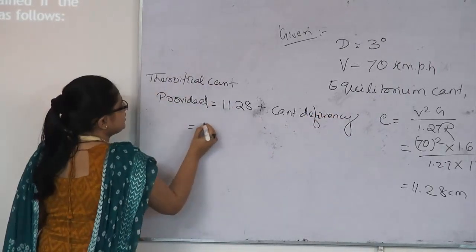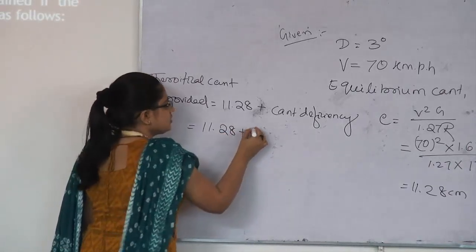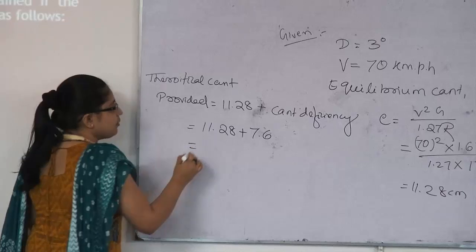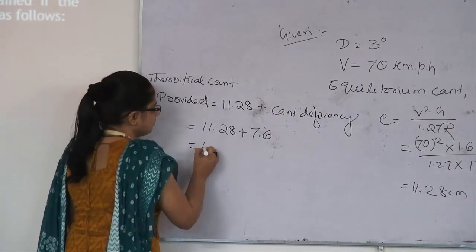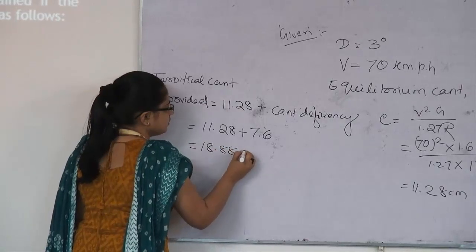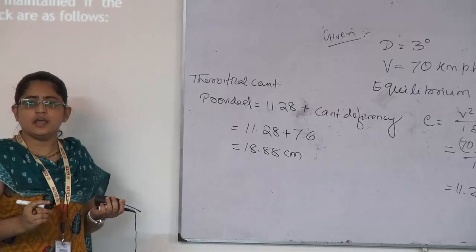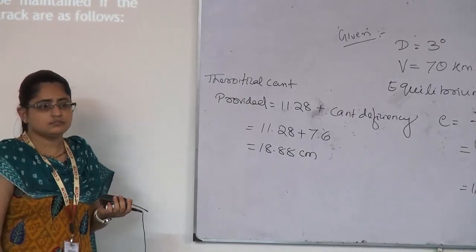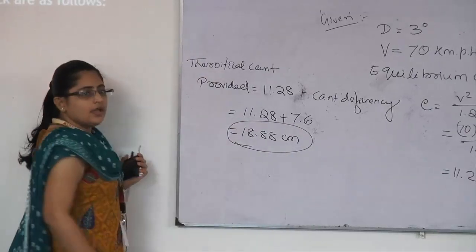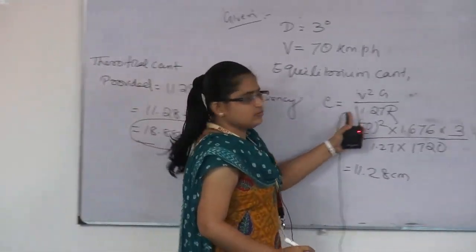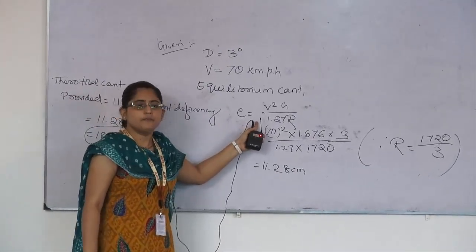What is your cant deficiency for broad gauge? 7.6. So 18.88 centimeter.